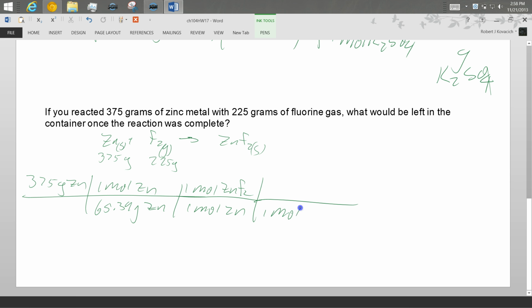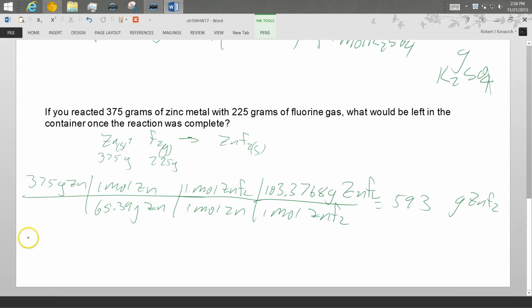Every 1 mole ZnF2. Looks like about 103.3768 grams of ZnF2. 593. Okay.